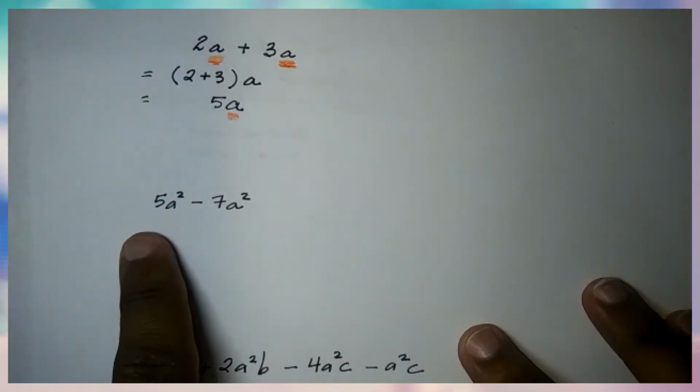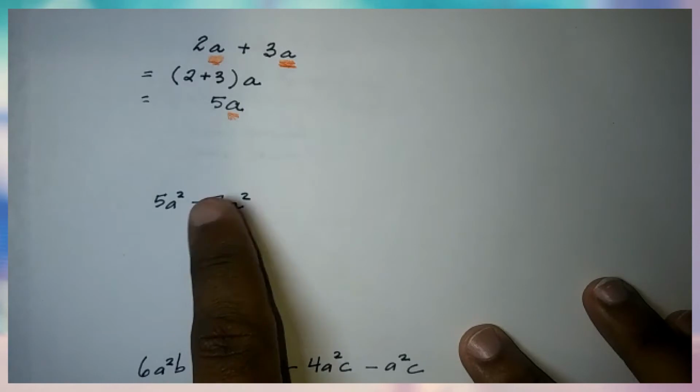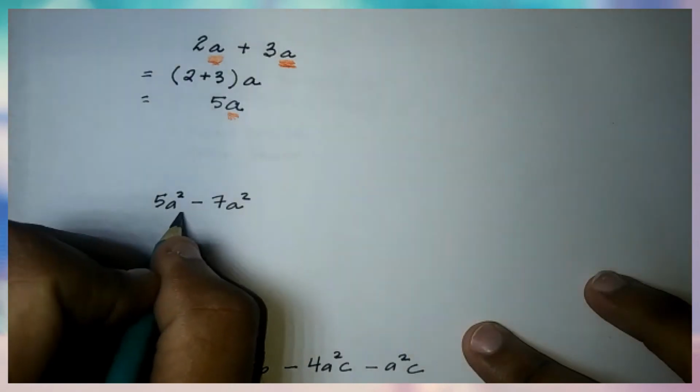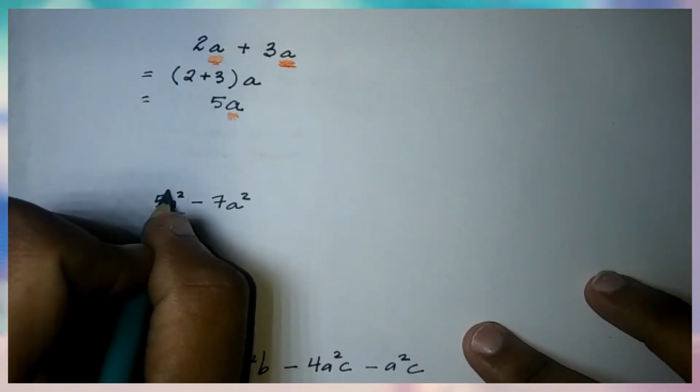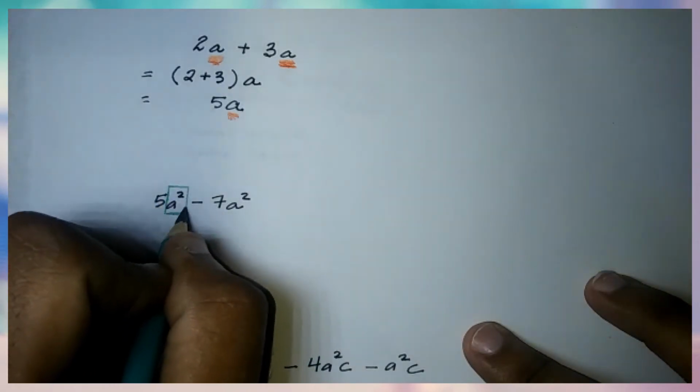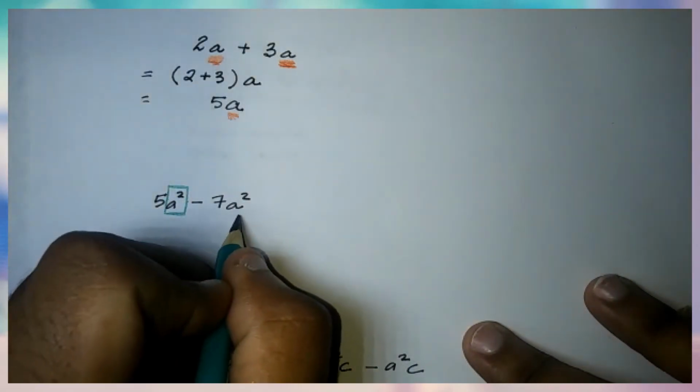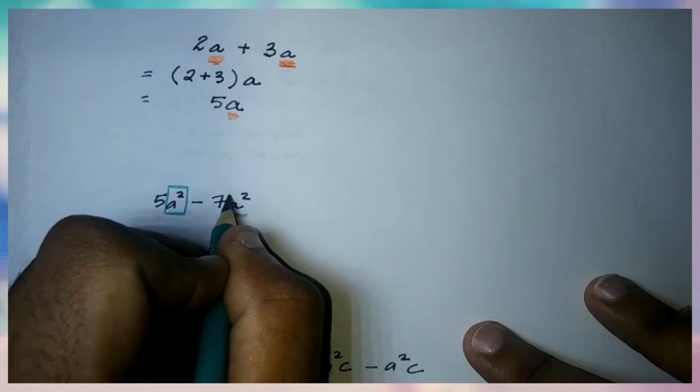Here we have 5a squared minus 7a squared. Let's check if we have like terms. Here I have a, and it's raised to the second power. That's what that little 2 up there means. And here we have a again raised to the second power.